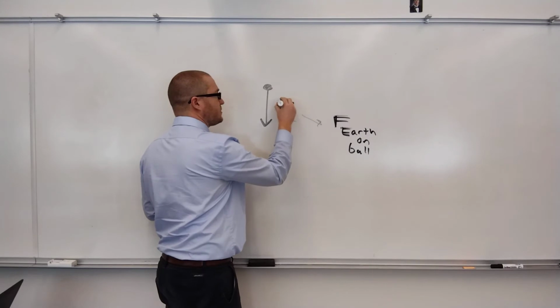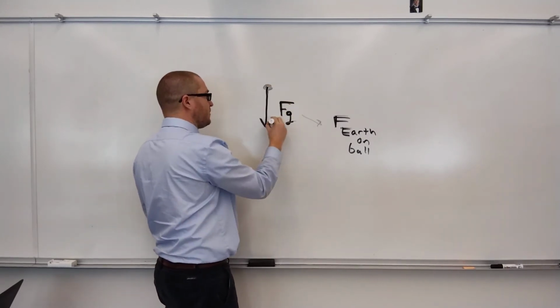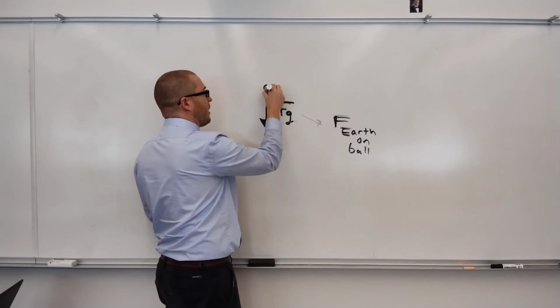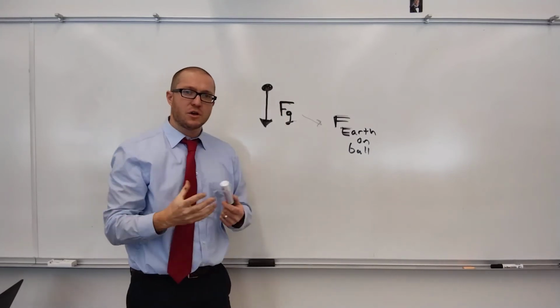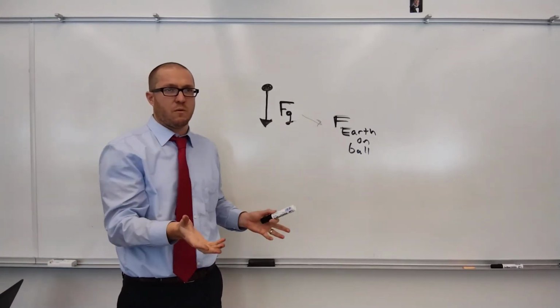It's always the force of one object acting on another object. Forces don't just magically appear out of nowhere. So a force pushing it forward is not really possible because, well, what's pushing it forward?